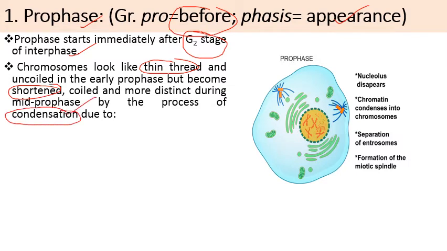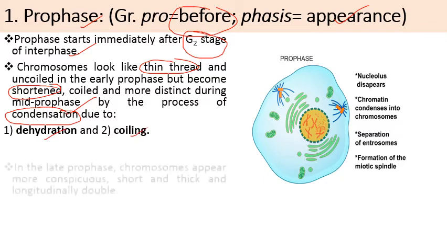This condensation is due to dehydration and coiling of the chromatin fibers. The chromatin fibers coil around each other to form thick rod-like structures called chromosomes, which appear at the end of prophase, that is late prophase stage. So condensation occurs due to dehydration and coiling.